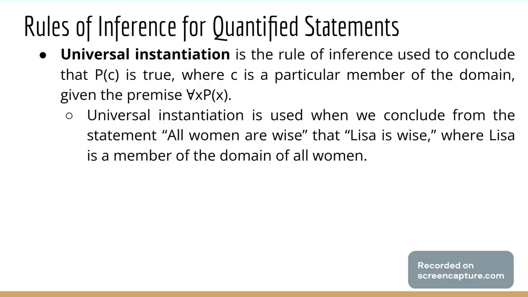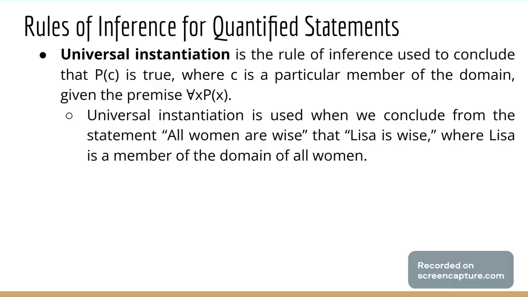Now we are coming to the last topic of today's lesson, rules of inference for quantified statements. Okay, we have four rules of inference for quantified statements. One is universal instantiation, the other is universal generalization, and then we have existential instantiation and existential generalization.